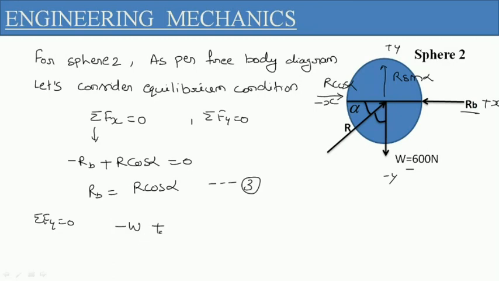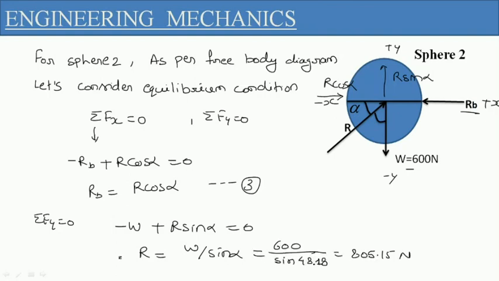So minus W plus R sine alpha equals 0. We can define the value of R with the help of this equation. So R will be W by sine alpha.